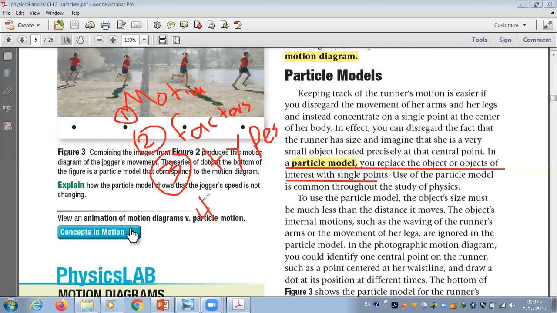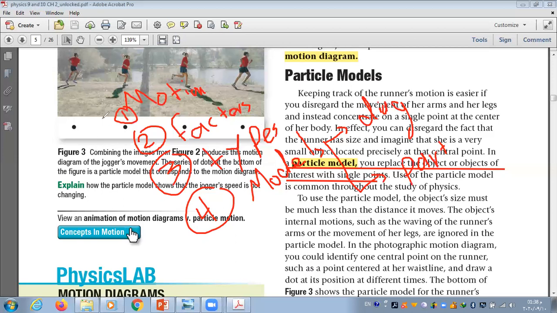Then we talked about the models we can use to represent motion. Number one is the motion diagram, and the second model is the particle model. So these are the main points of the lesson.